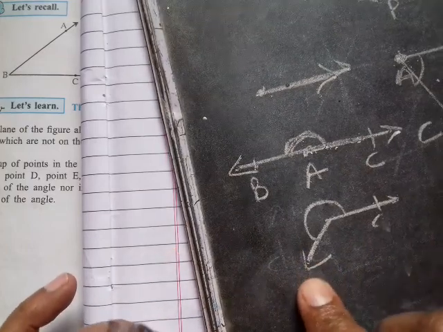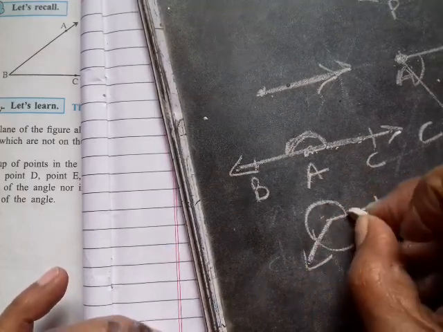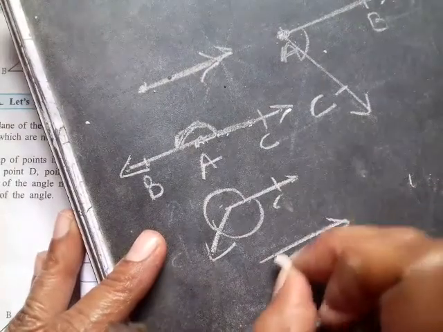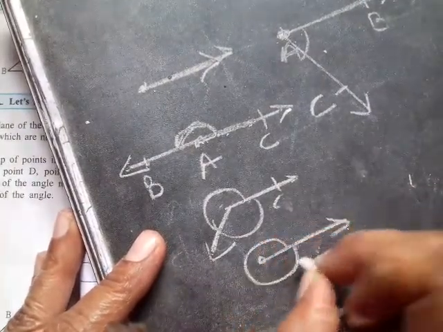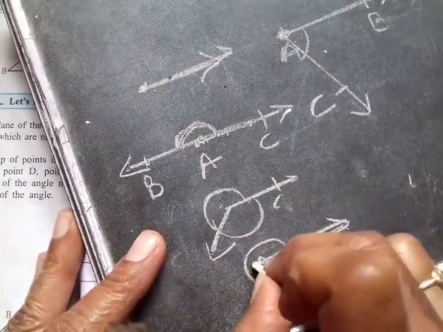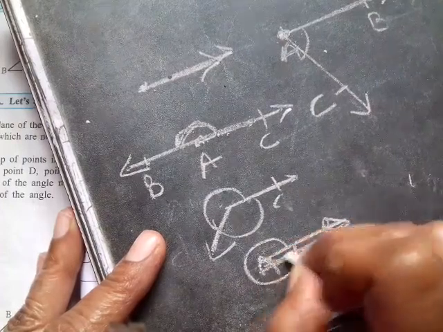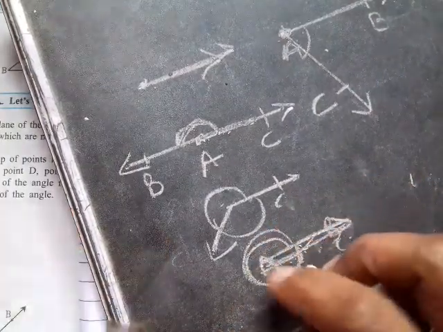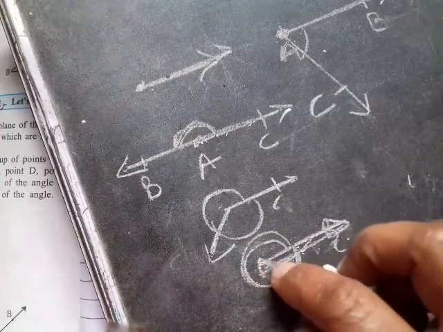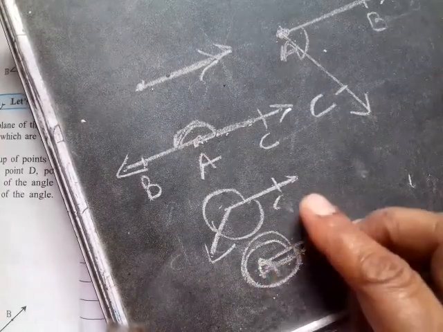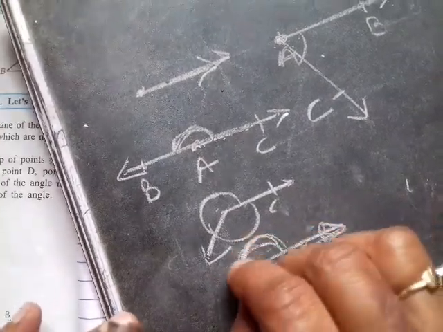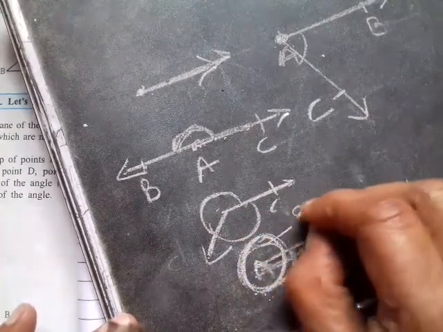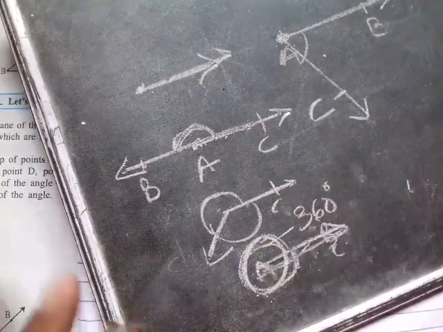And when it makes a complete round till here again, this is our origin A, but B and C after inclination get one round, it is called a complete angle, and it forms a circle, so its measurement is 360 degrees.